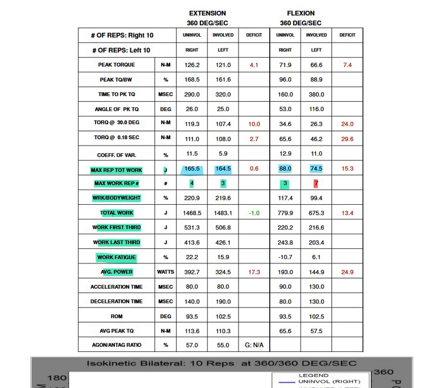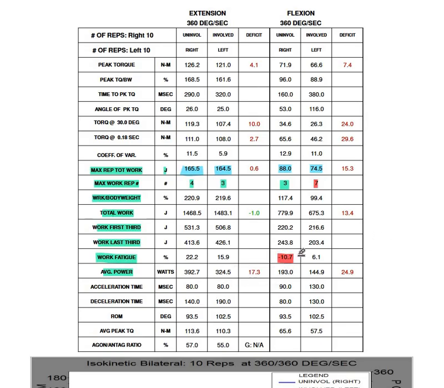The work fatigue can also give you another indication of the quality of the test that was performed. Anytime you see a negative value, such as here on the right limb during flexion, this starts to give us a bit of a red flag.